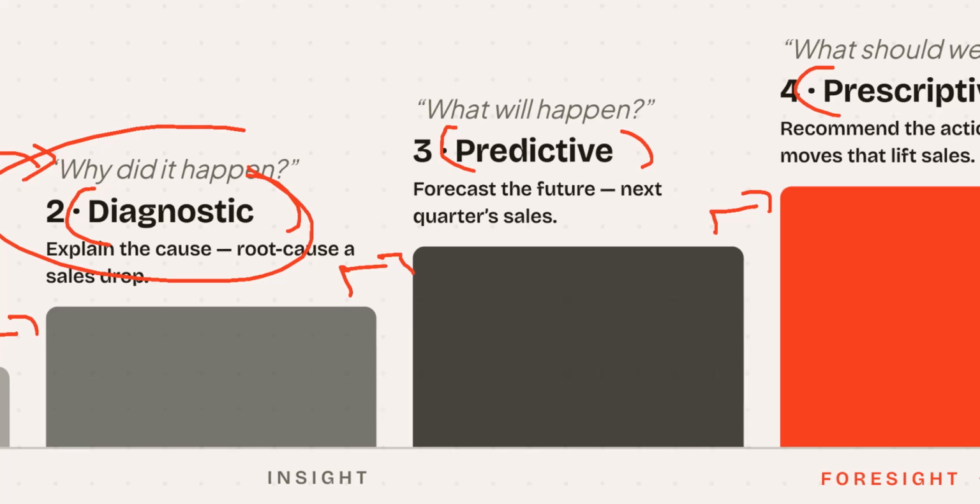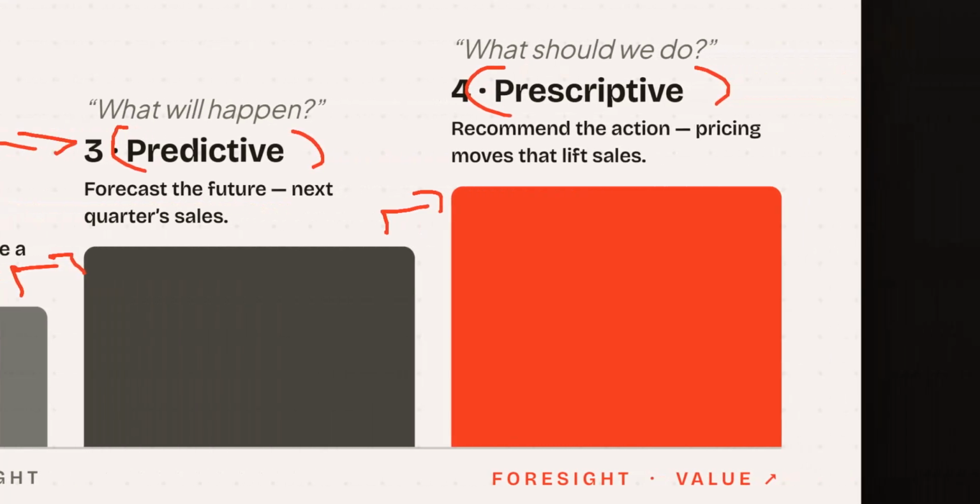Now the next one is predictive analytics. Here we start to move from hindsight to foresight. Predictive analytics answers our basic question of what will happen. Here we are going to utilize the historical data.